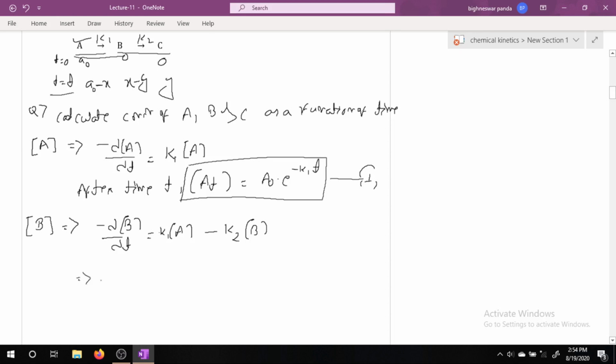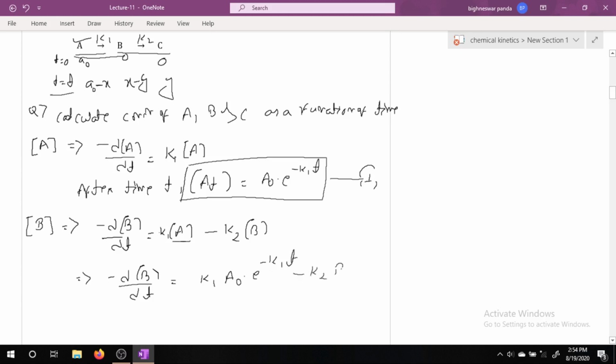Again, minus dB by dt equal to K1 into A, and in terms of A I put A naught into e to the power minus K1t.